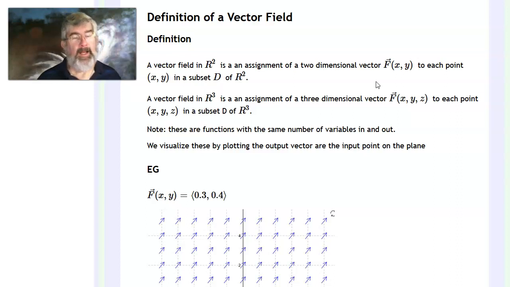Okay. I point out here that these vector fields are situations where you have the same number of variables out as in. So you put two variables in, you're getting a two-dimensional vector out. You put three variables in, you're getting a three-dimensional vector out. And this is similar to something we've done earlier this quarter, in that when we were doing substitution of variables within double and triple integrals, we were taking x and y out and putting r and theta in. That would be the polar transformation, right?